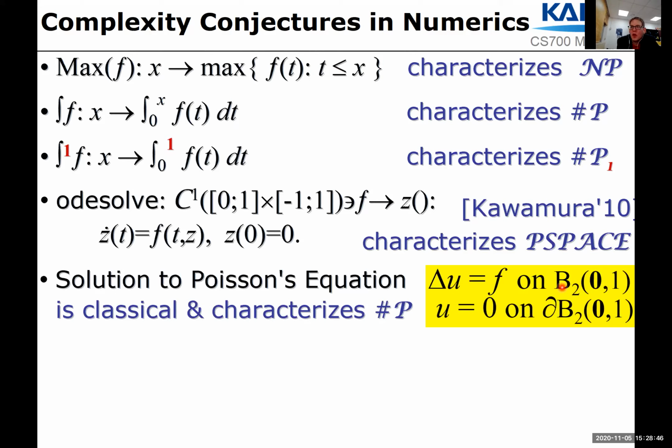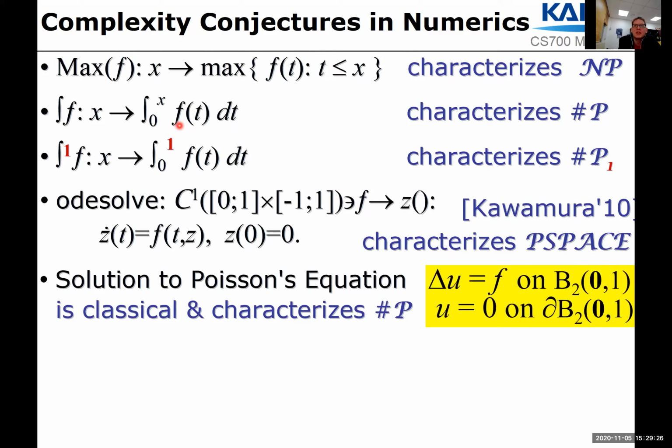And the statement obtained in the PhD thesis of Florian Steinberg is that this partial differential equation also characterizes a discrete complexity class, namely the #P complexity class, in a similar way that, in an intuitive sense, solving this linear partial differential equation is as hard as indefinite Riemann integration, which may come quite as a surprise.